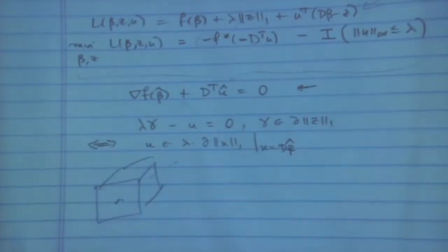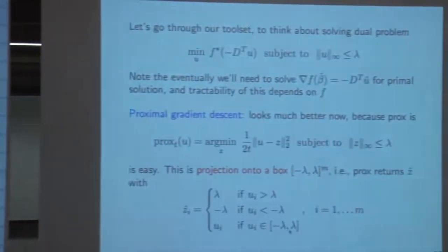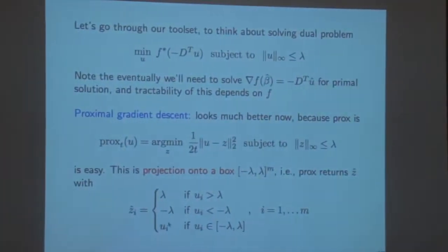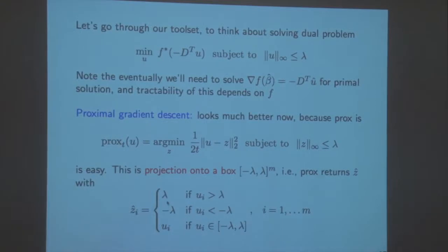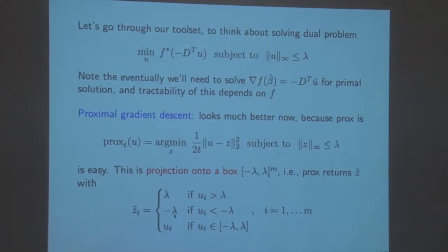It's quite easy to do. Let's call z hat the projection. All I do is scan through the components of u, and if that component of u is in the box, then I just leave it alone. If it's outside the box, then I force it to be lambda or minus lambda. That's just the projection onto the L infinity ball.